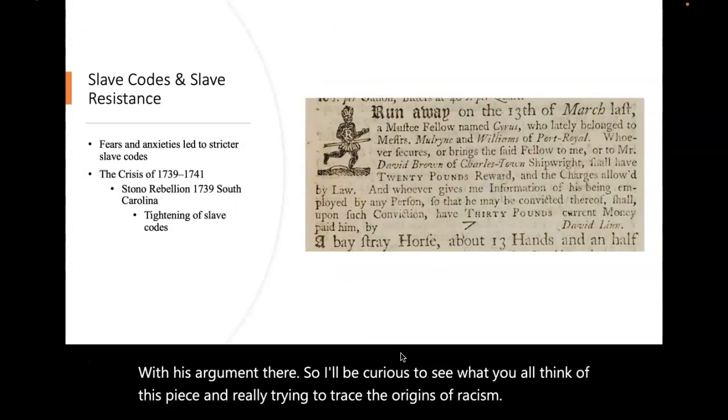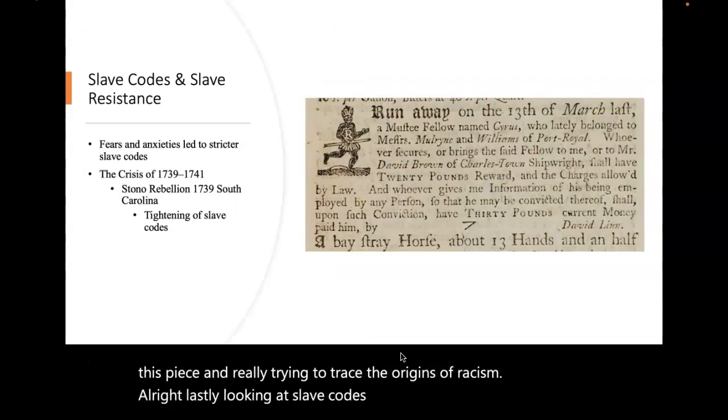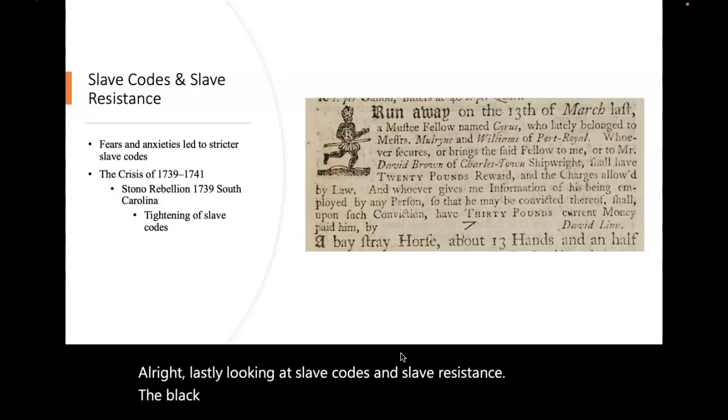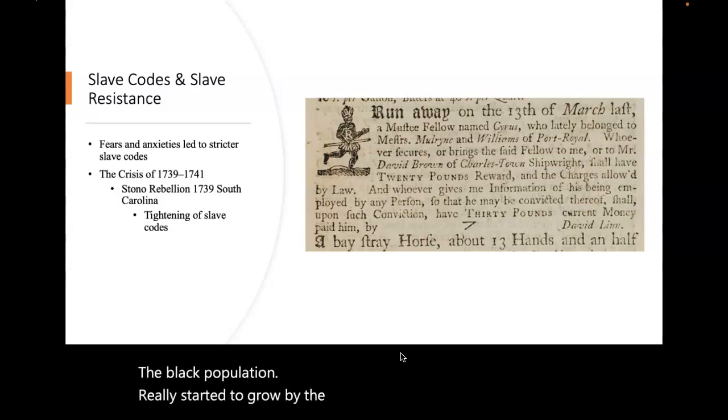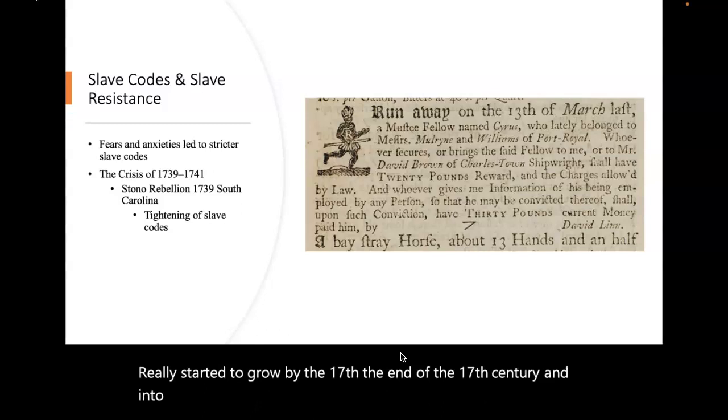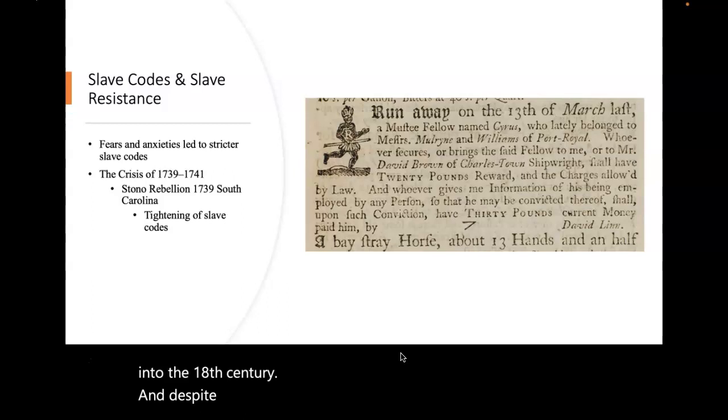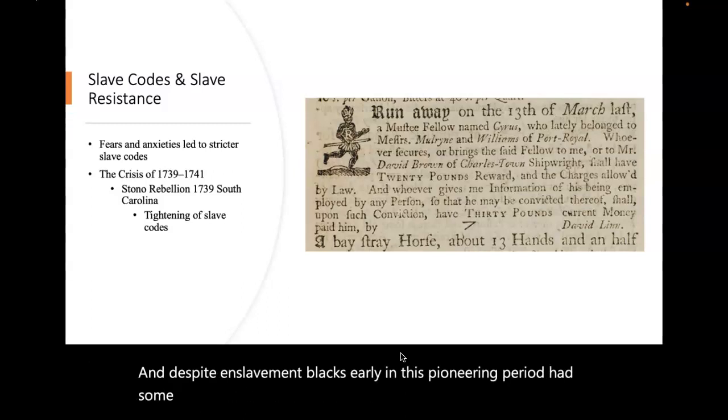All right, lastly, looking at slave codes and slave resistance. The Black population really started to grow by the end of the 17th century and into the 18th century. And despite enslavement, Blacks early on in this pioneering period had some freedom and autonomy, as we've talked about.